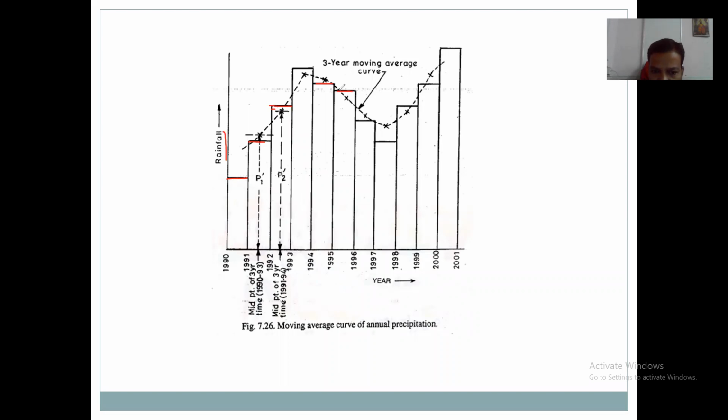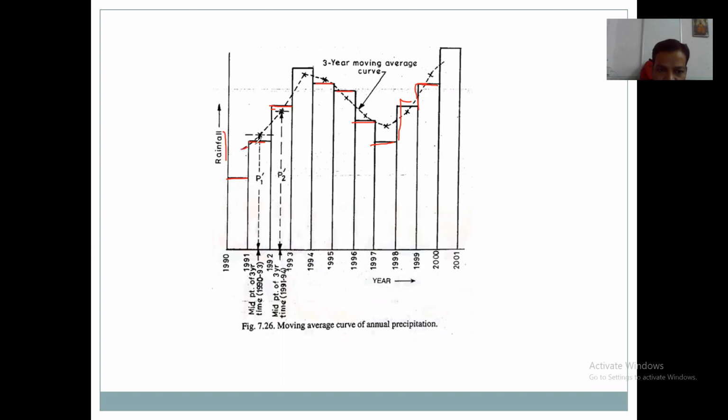Again, 94 to 95, 95 to 96, the intensity of rainfall is decreased. Again, it is increased from 97 to 98, 98 to 99, and 99 to 2000, 2000 to 2001. This shows the moving average curve of annual rainfall that is shown in this graph.